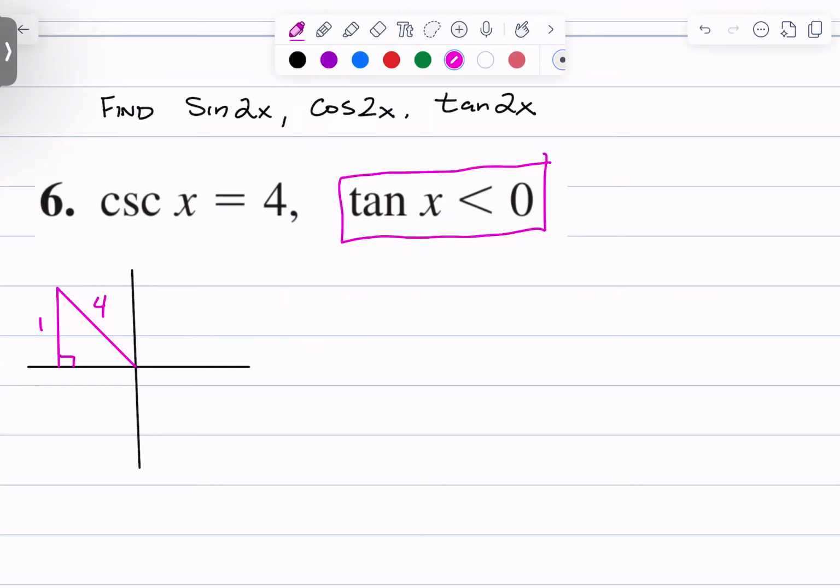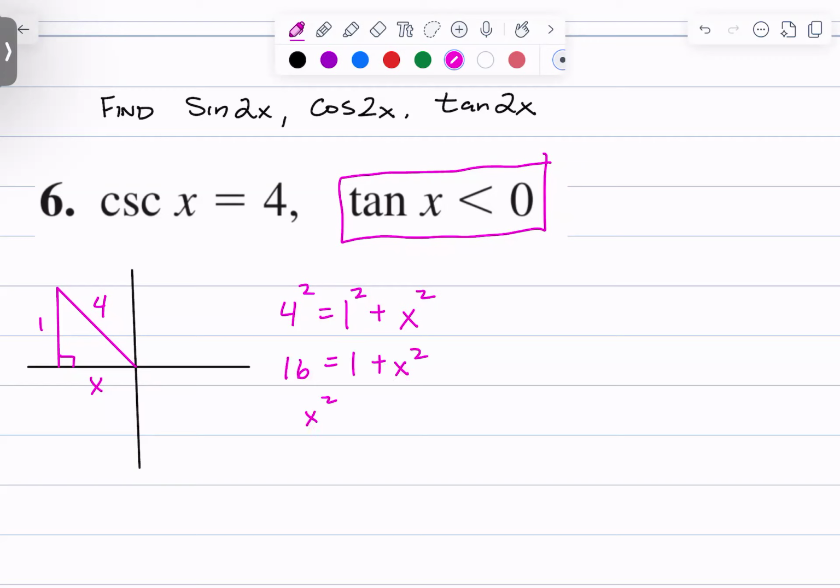Cosecant is r over y. So if that's the case, then 4 squared equals 1 squared plus x squared, where I'm labeling that side x. So we have 16 equals 1 plus x squared.